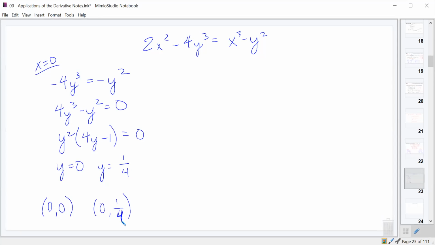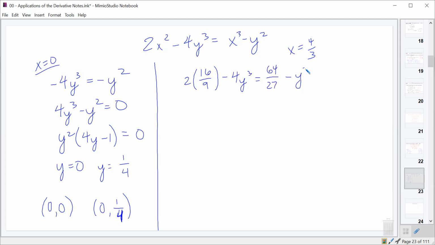Now we'll do the same thing with our other x value, which was x equals 4/3. That's going to give us 2 times 4/3 squared. 4/3 squared is 16/9. Minus 4y cubed equals 4/3 cubed, which will be 64/27, minus the y squared.